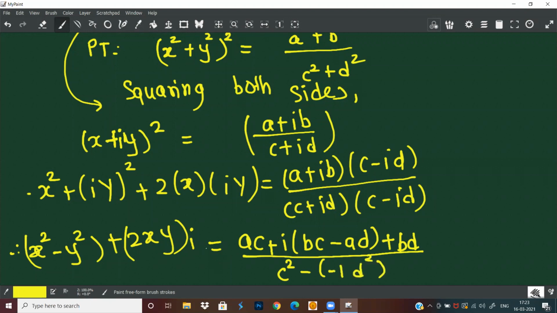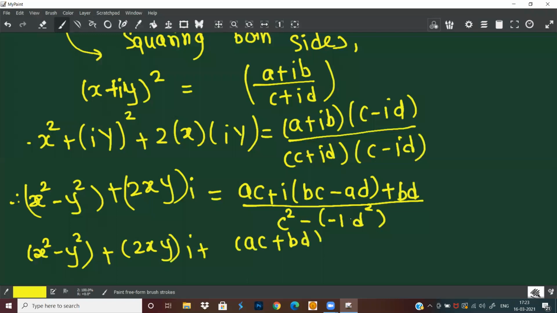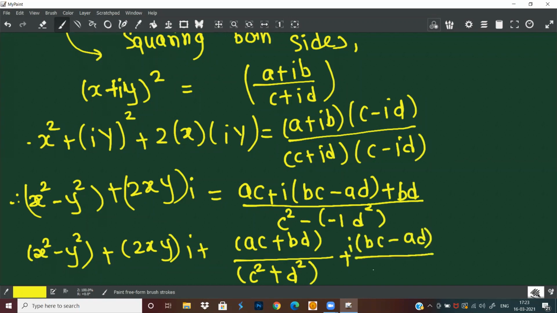I into I is AC plus BD upon C square plus D square. The minus minus becomes plus, so we get C square plus D square. What is this? The I part separately: BC minus AD, I into, upon C square plus D square.